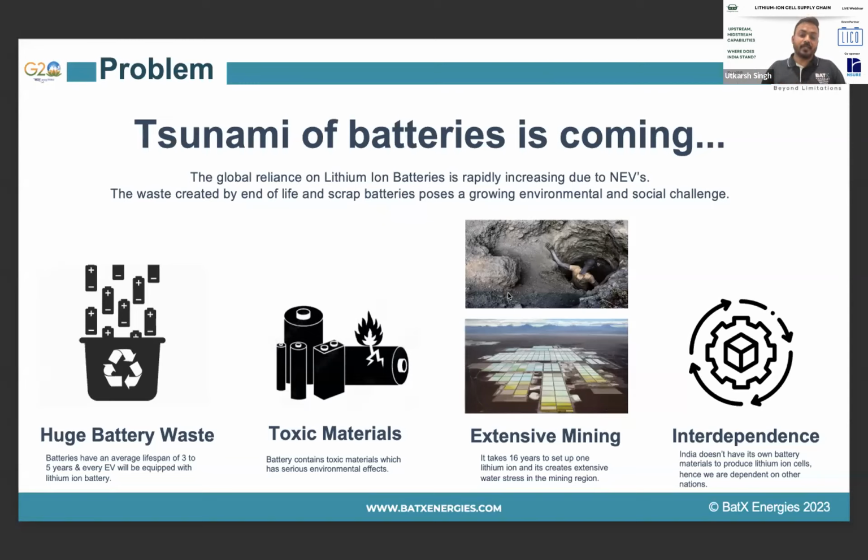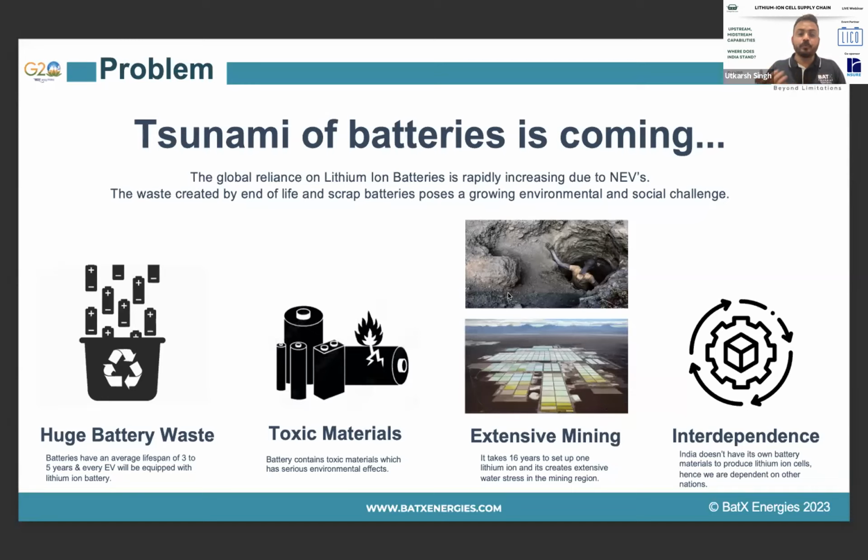The volume of three-wheeler and two-wheeler packs has started coming in from this year onwards. The trend we are seeing in battery waste in India from 2020 is that by the end of 2022 and the start of 23, a lot of two-wheeler and three-wheeler battery packs have started coming back. We have realized that the cells coming back from two-wheeler battery packs from good brand OEMs are ready for second life.